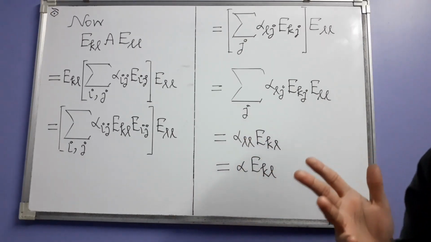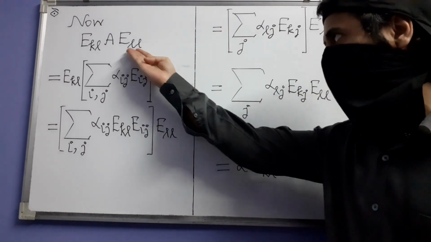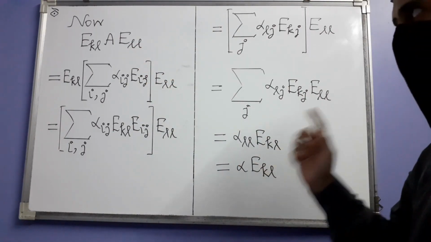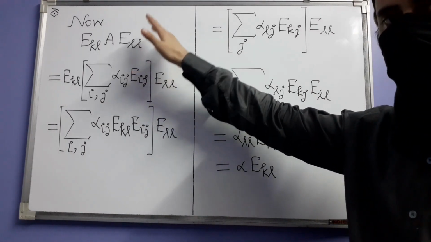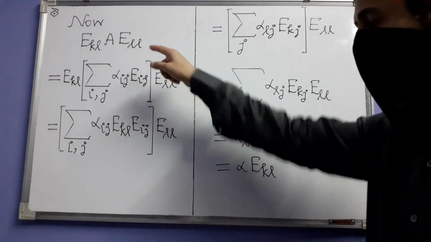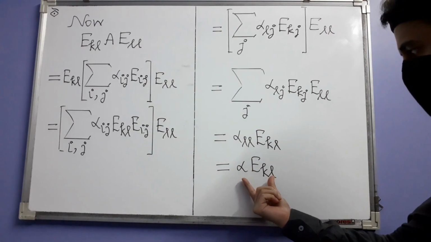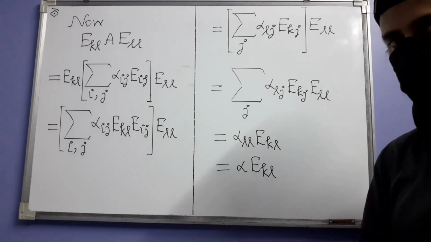In fact, every alpha ij is equal to alpha. So this product turns out to be equal to this. But what did we see about this product before we started this calculation? That it's an element in our subring K. So that way you see that alpha times EKL is also in K, because that's what this is, right?